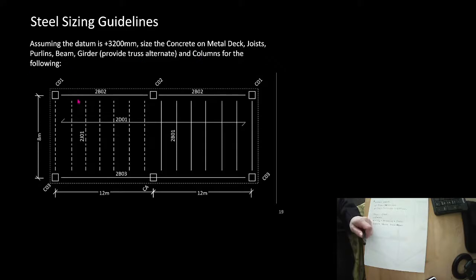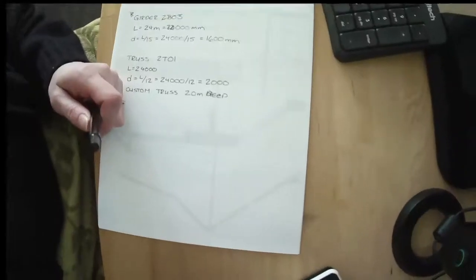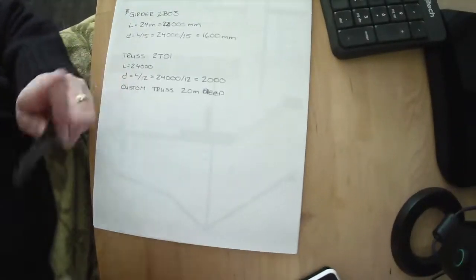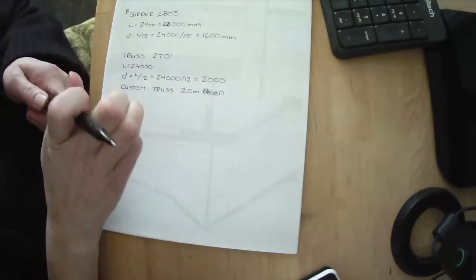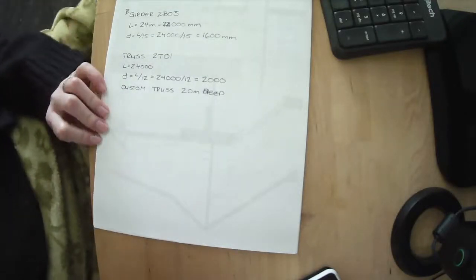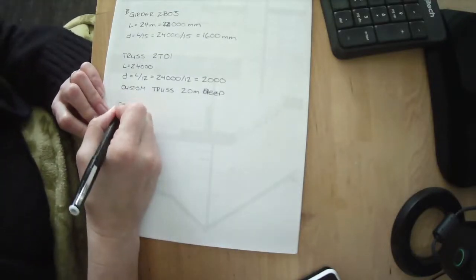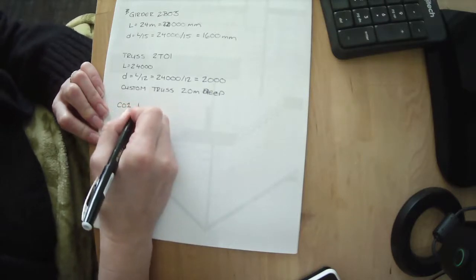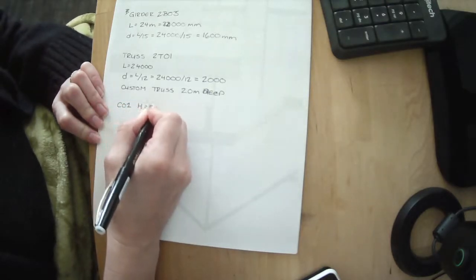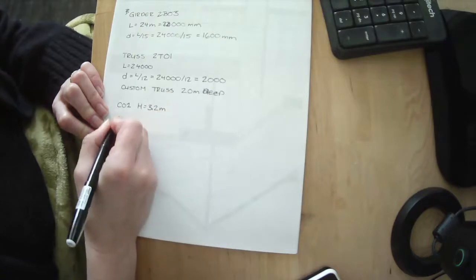Okay, columns for the following, we've been told that they're 3.2 meters tall. So we had two columns. We had column C01, and its height is 3.2 meters.